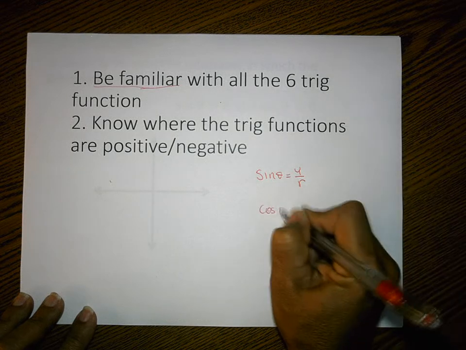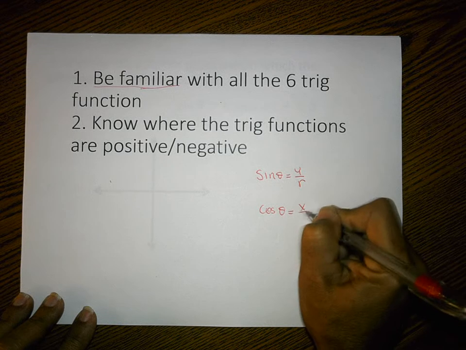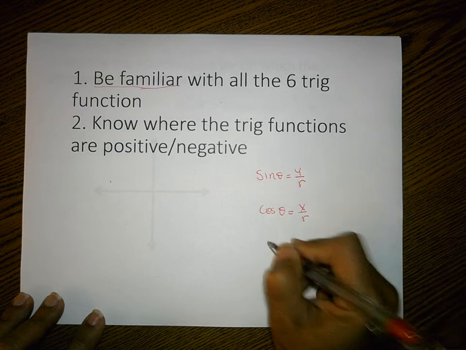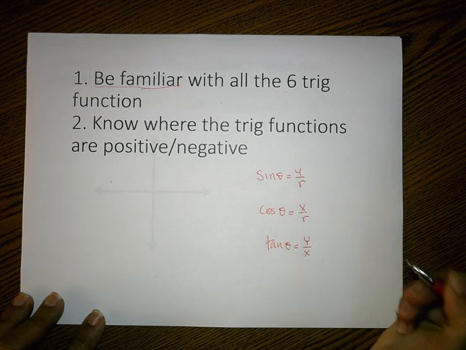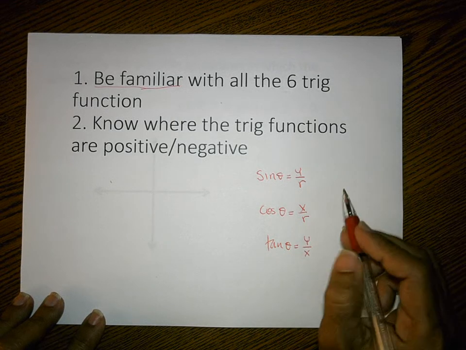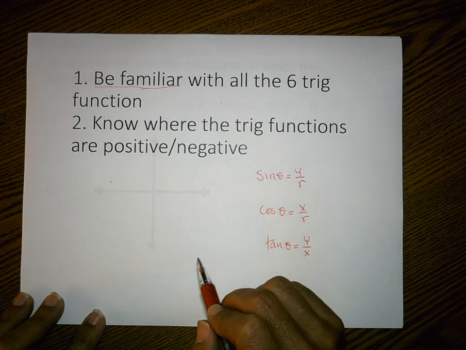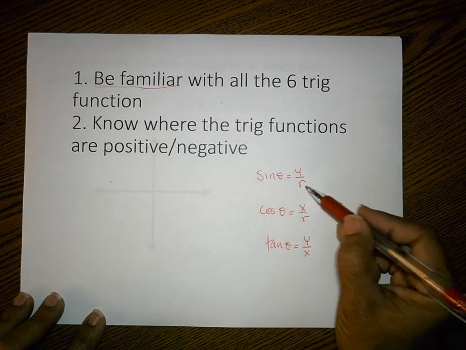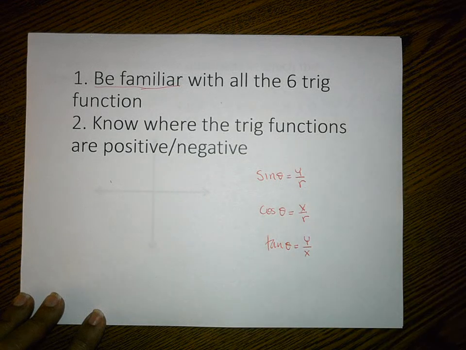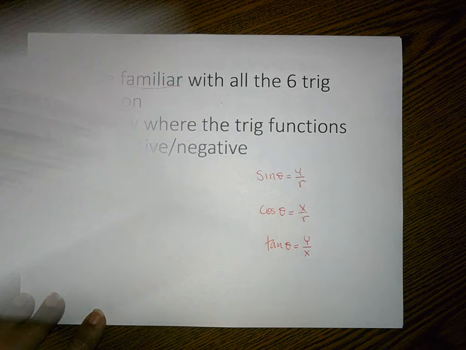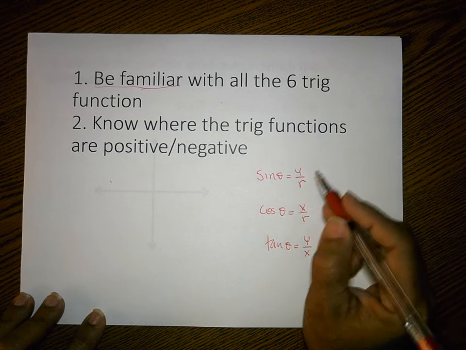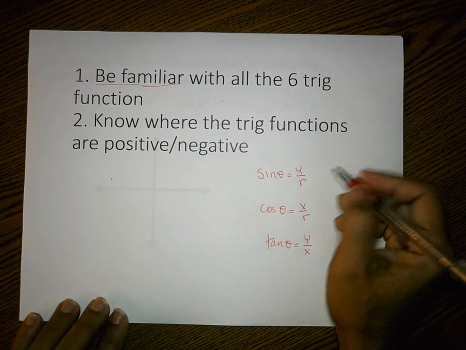Okay. The cosine of any angle is x over r. And the tangent of any angle is y over x. And we derive these from having a triangle inscribed in a circle. And that's why we have the radius. And that's why I just talked about a second ago about x squared plus y squared equals r squared. Okay? So 6, not only 3, we need to be familiar with all 6.